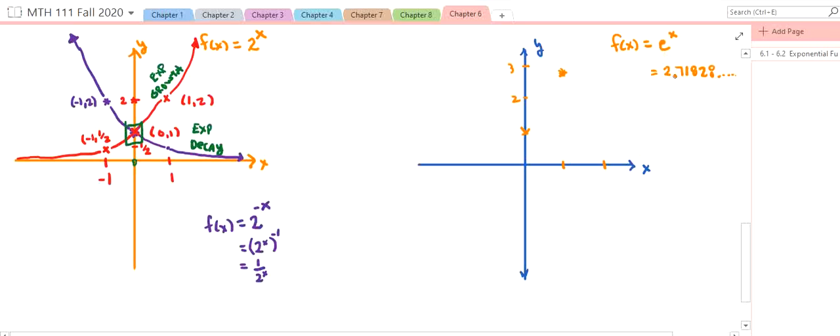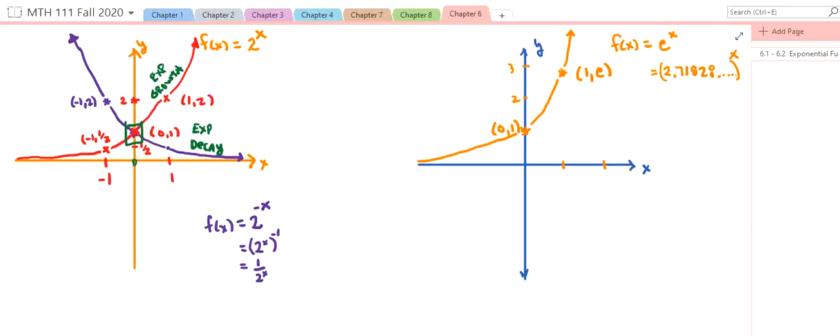So e is a special number. This is raised to the power of x. So this is a neat function, but it behaves the same way as the other exponential functions. It still crosses at 0, 1, but now here at 1, the value is e. And again, this goes off towards 0 on this side, and it comes up and it grows at a pretty rapid rate.